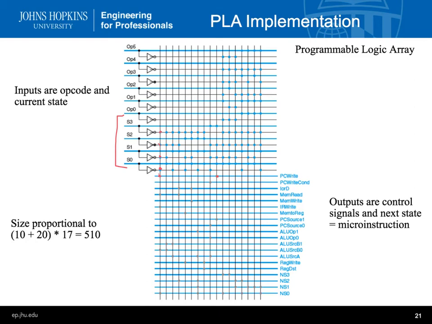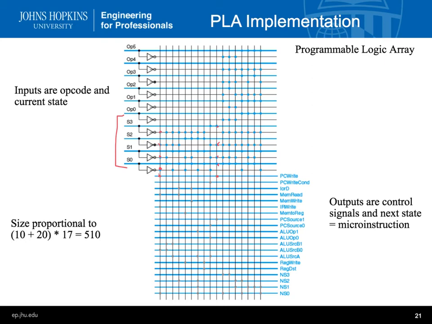Or the other was if we're in state, I think it's 9, right? So that is if S0 is 1, S1 is 0, S2 is 0, and S3 is 1. So if that's true, then PC write is true.